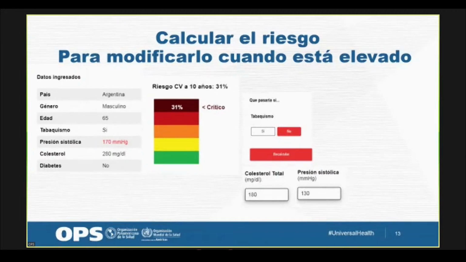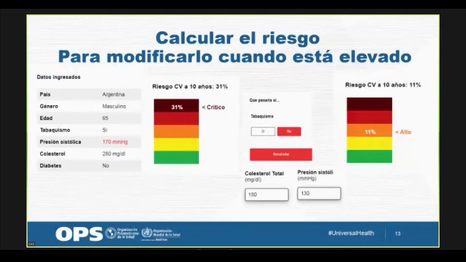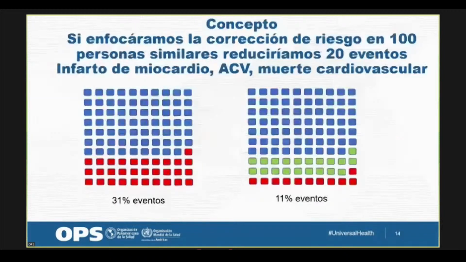What would happen if we would control the risk factors? If the patient would stop smoking and would take a statin to lower cholesterol, and if we lower the systolic pressure to 130, then in 10 years the risk would be 11%. That is from 31% to 11%, that is 20 points of reduction.